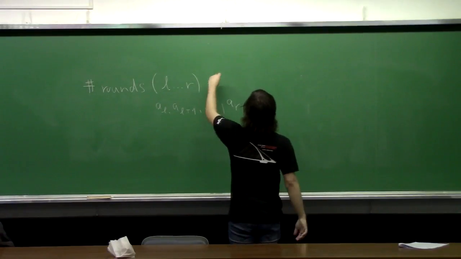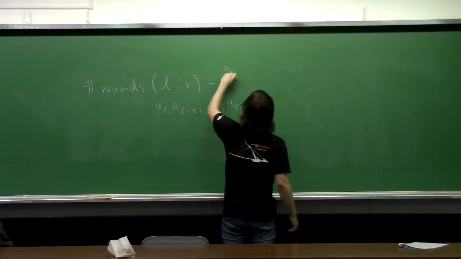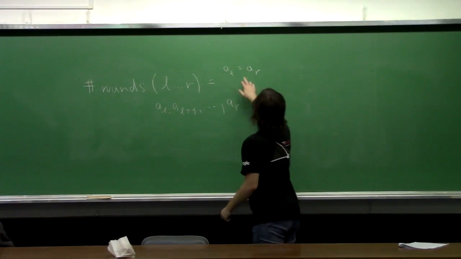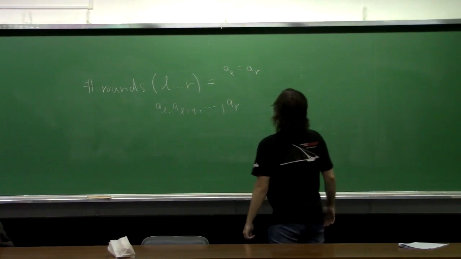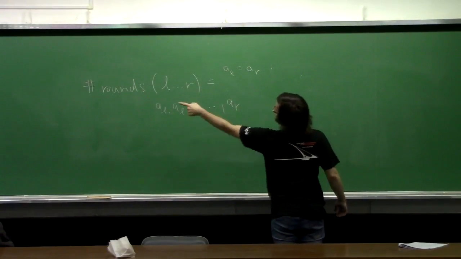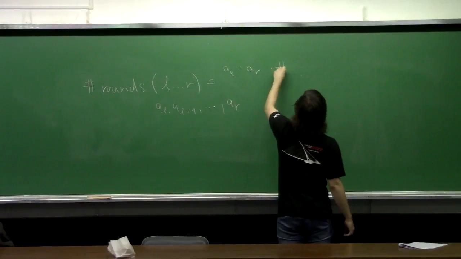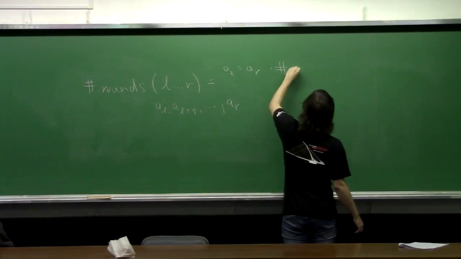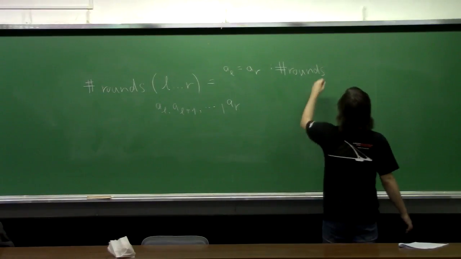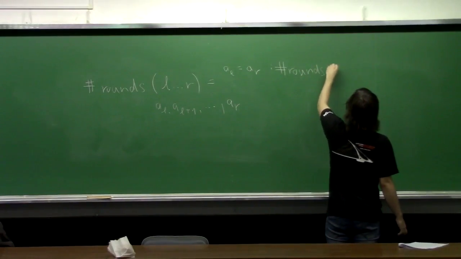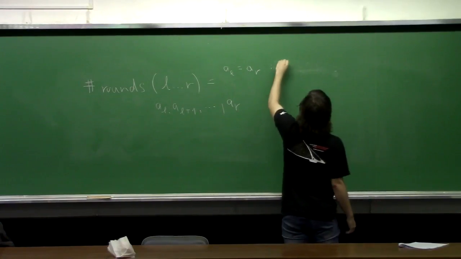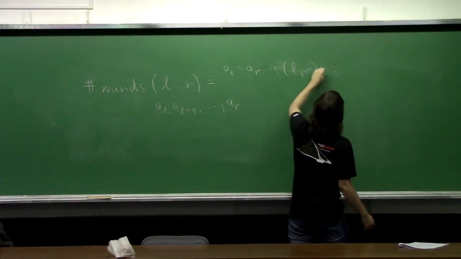So if A[L] is equal to A[R], then we can shoot deck L and deck R, and this number of rounds is, I'll just write it with LR.